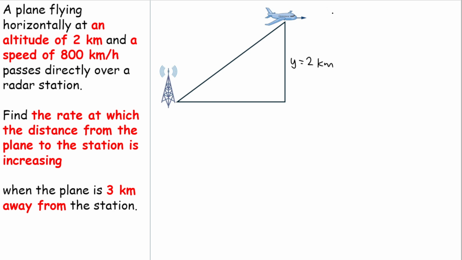And then its speed here. If we name this x, its speed is the change of x, so I will have dx/dt here, and that dx/dt is 800 km per hour.